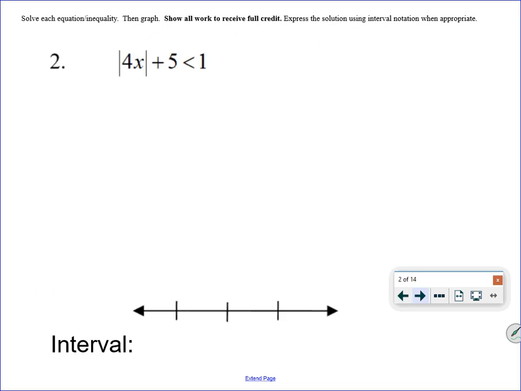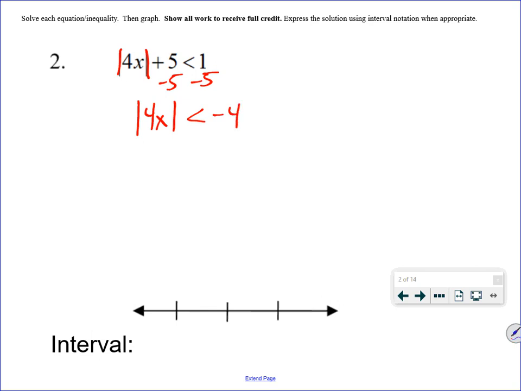Next problem. So this one shouldn't take us long. Now, if this is possible, we would expect it to be a barbell, but we're going to run into a problem. And I can see the problem already, which is that before we create the two equations, you need to isolate the absolute value. So we need to subtract the 5 from both sides. We'll have the absolute value of 4x is less than negative 4.